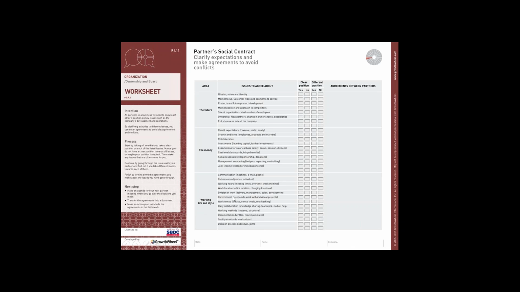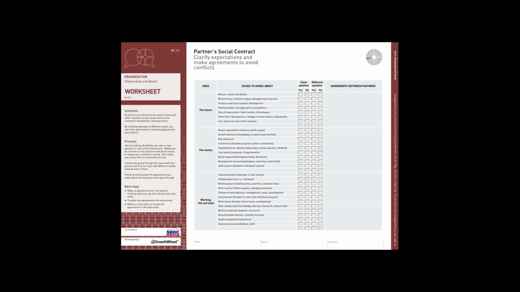How will we divide up the work? What is the commitment or freedom to work on individual projects? What's okay for us for work tempo? In other words, the breaks, stress levels, multitasking, what's expected.